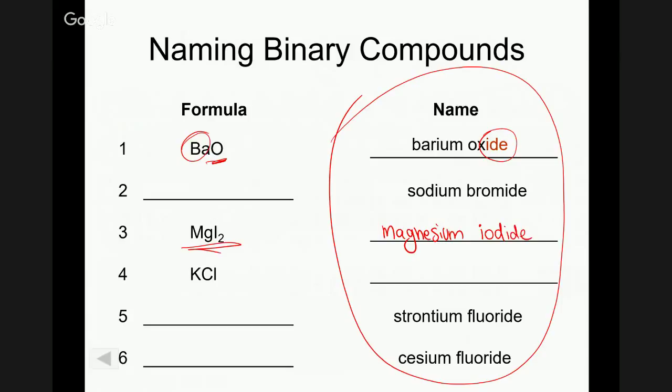Kind of a weird one. And KCl is potassium for K, and then Cl is chlorine, so it becomes chloride, just like that.